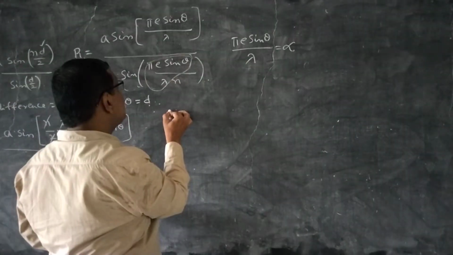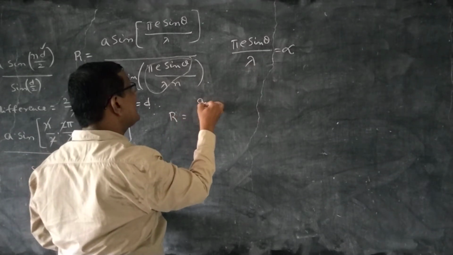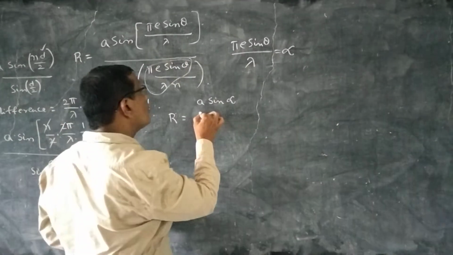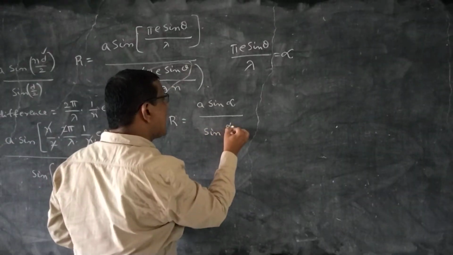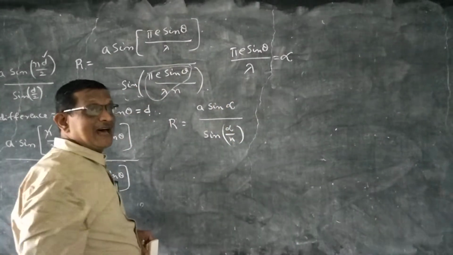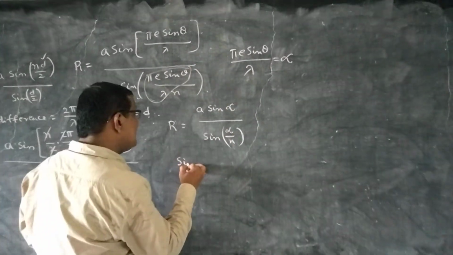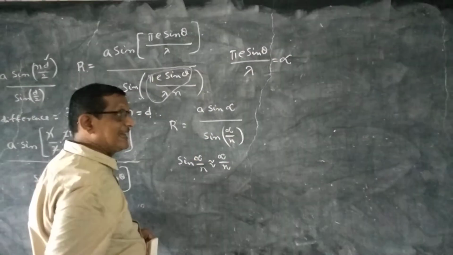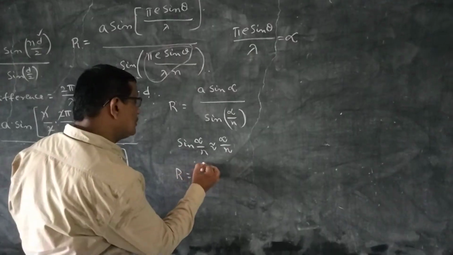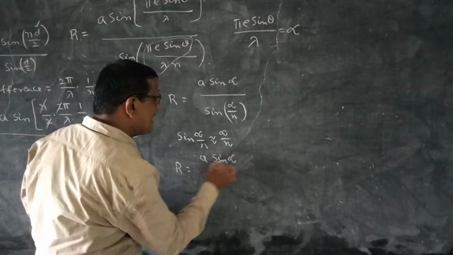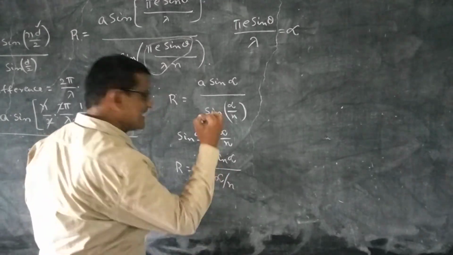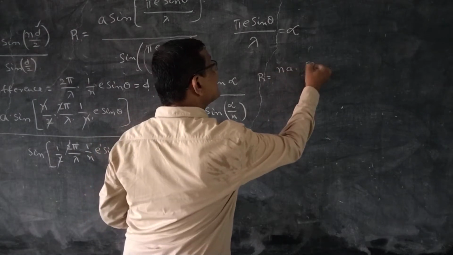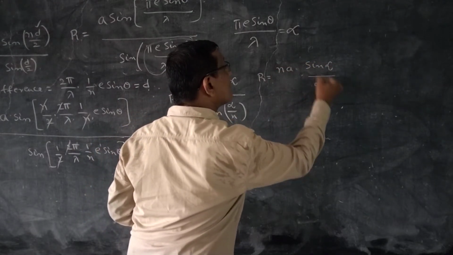That's why the resultant amplitude R = A sin α / sin(α/n). When α/n is small, sin(α/n) is nearly equal to α/n. Then the amplitude R = A sin α / (α/n). Now the resultant amplitude R = nA sin α/α.